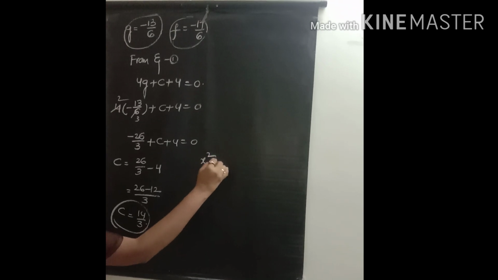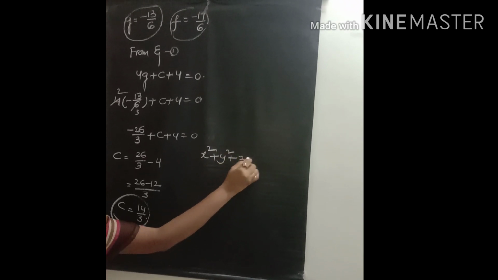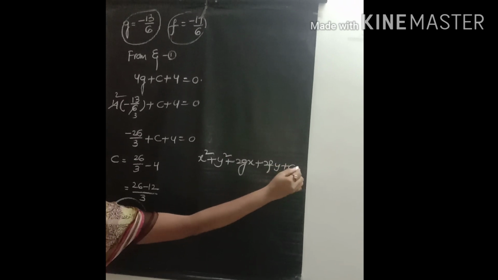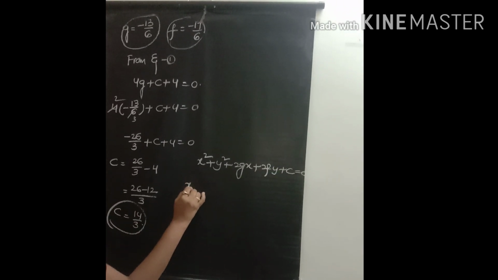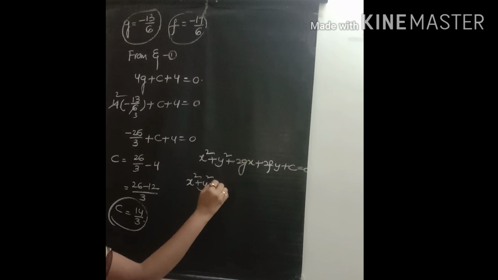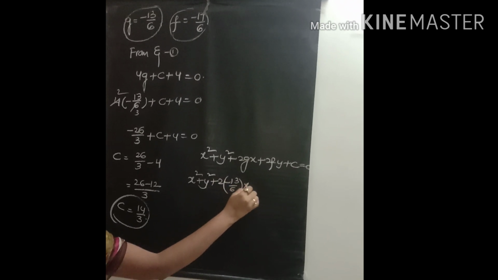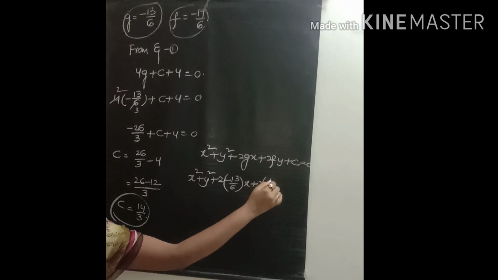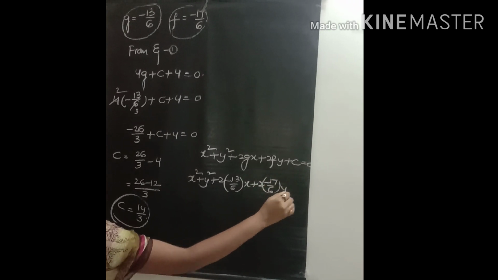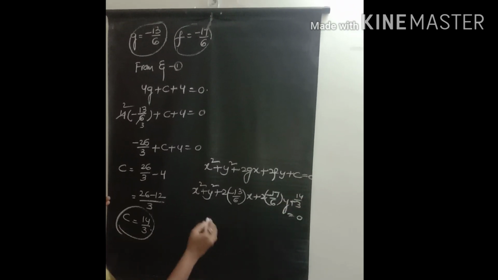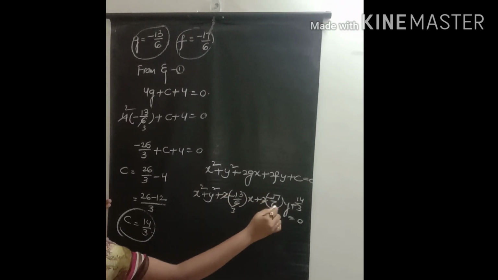Circle equation: x square plus y square plus 2gx plus 2fy plus c is equal to 0. That is x square plus y square plus 2 into g value minus 13 by 6 into x plus 2 into f value minus 17 by 6 into y plus c value 14 by 3 equals 0.